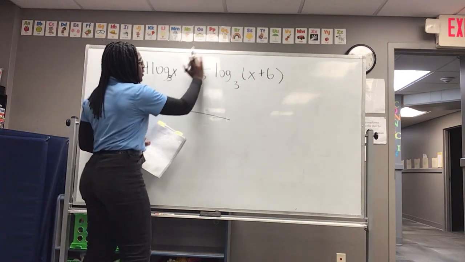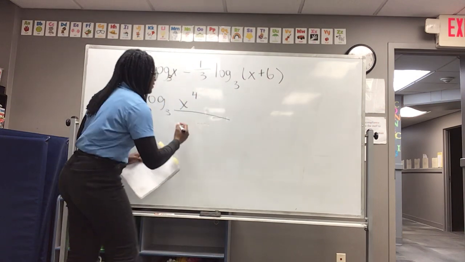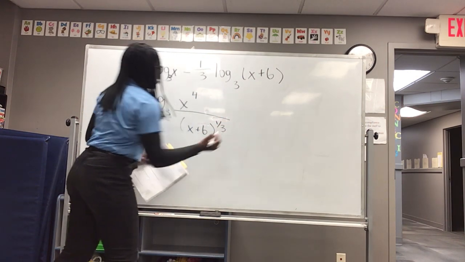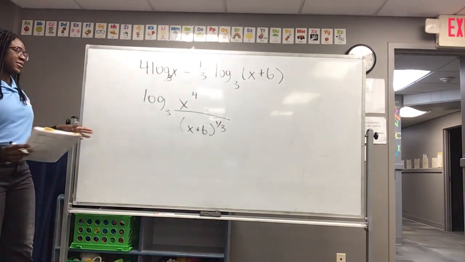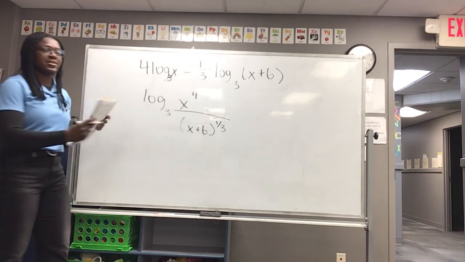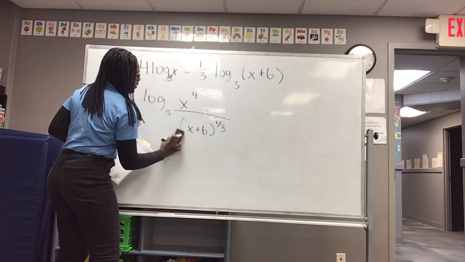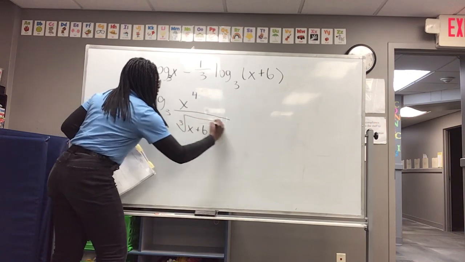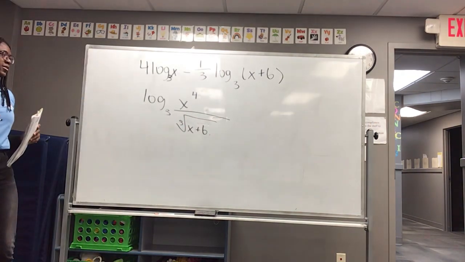The 1/3 would be an exponent to my x plus 6. So it would be x plus 6 to the power of 1/3. And then if we remember our powers and exponents rules, an exponent of 1/3 is the same as the cubed root. So that would be my final answer.